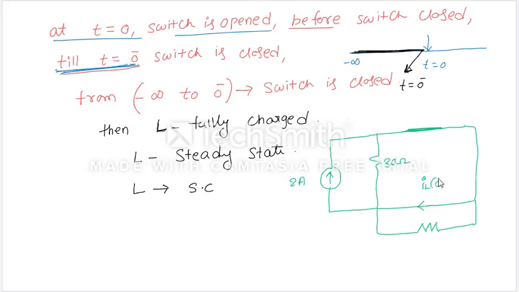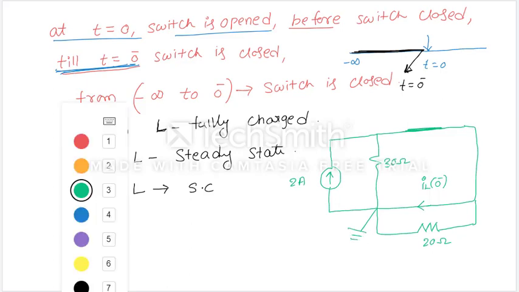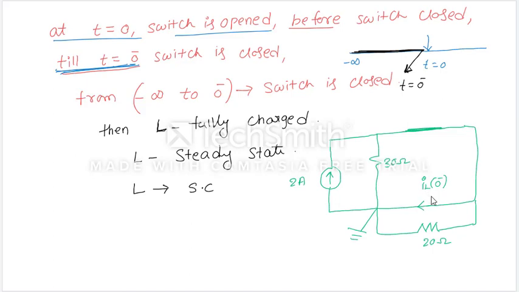I can say this as IL of 0 minus. Here this is grounded. Now see what happens. This is the current through the inductor, IL of 0 minus, the current before the switching action.